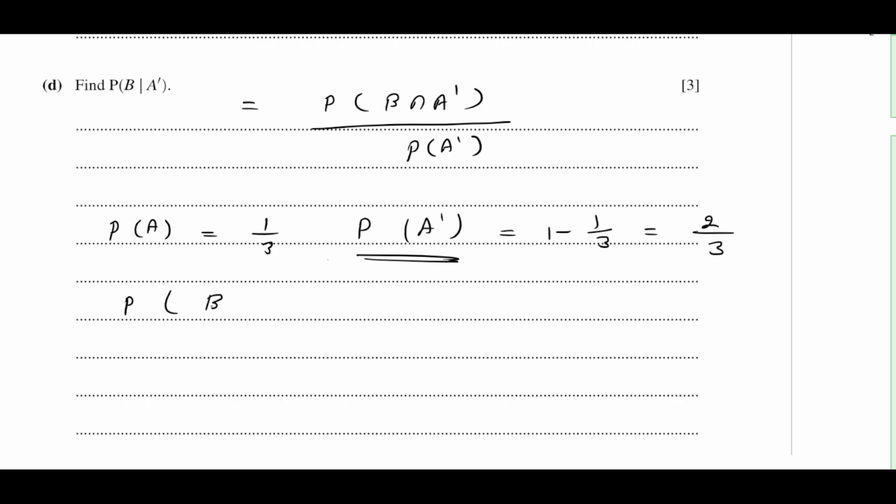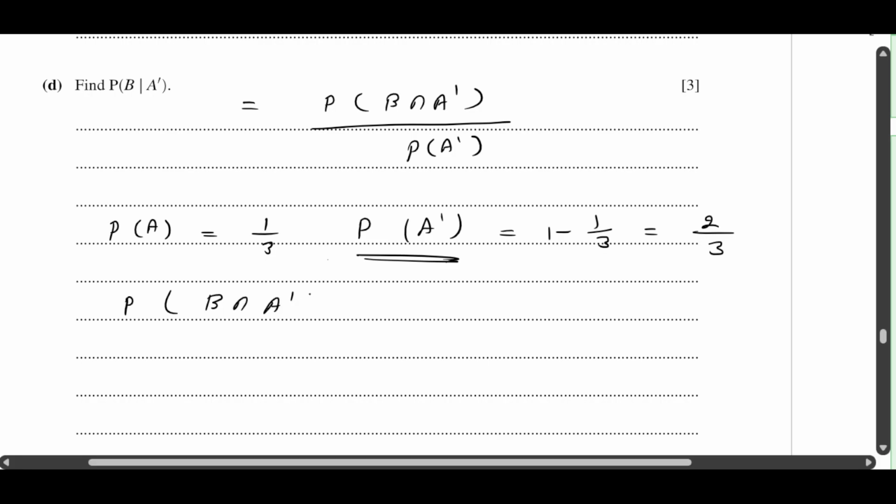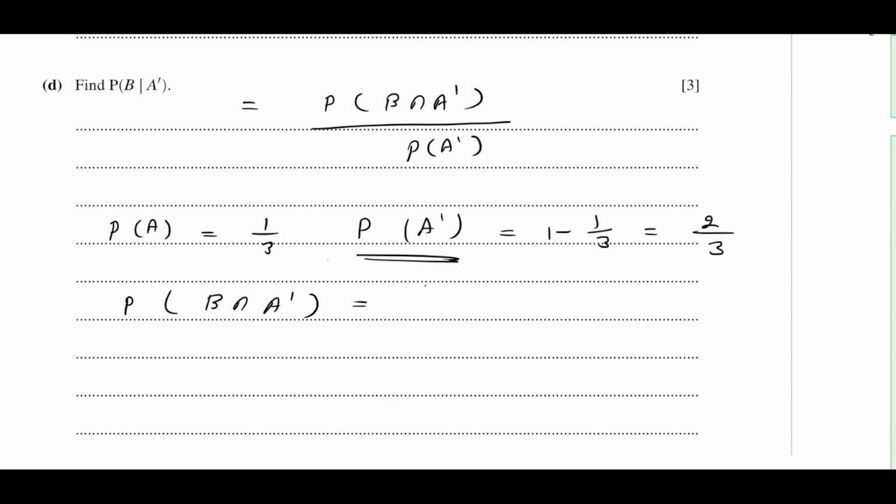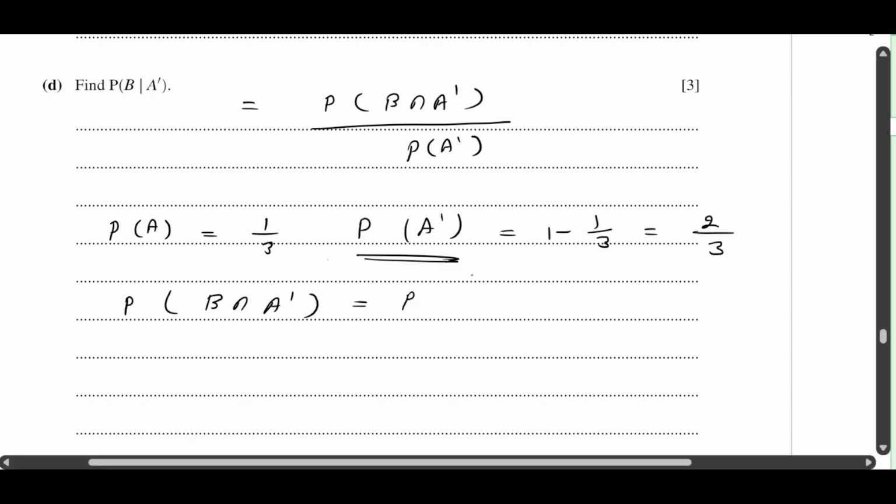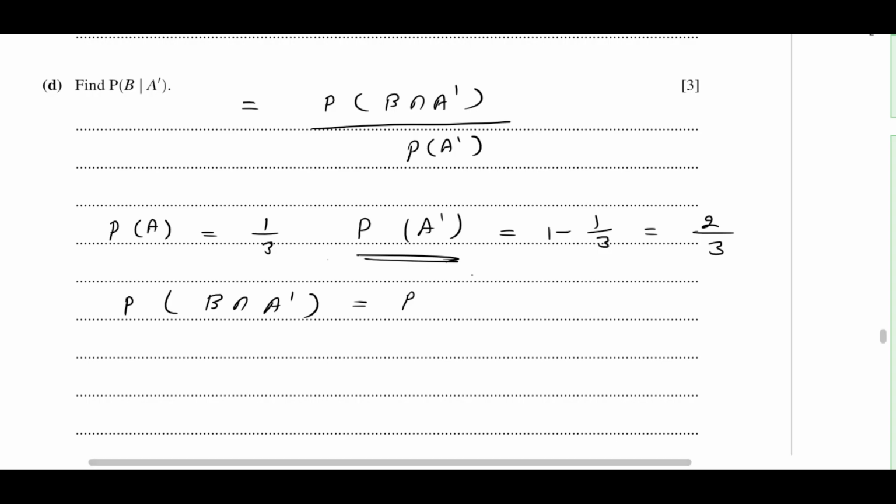Probability of B intersection A complement. That means I don't want A, but I want B. I want B means there are two throws. So when there are two throws, the sum could be 2. This is the probability of getting a sum of 2, but with two throws, not with one throw.